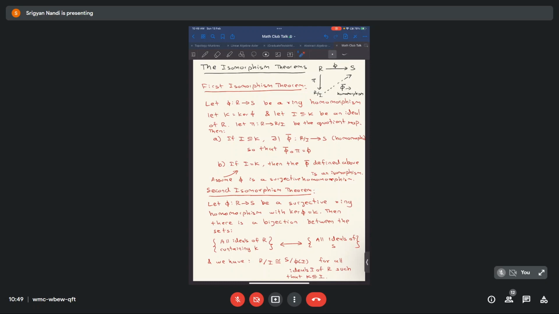So let's try to visualize the theorem a bit, although there is very limited stuff that we can do.